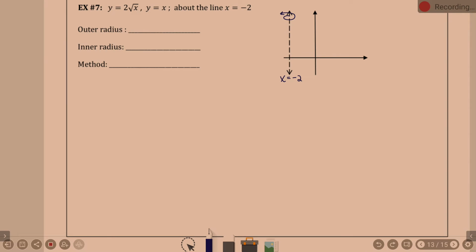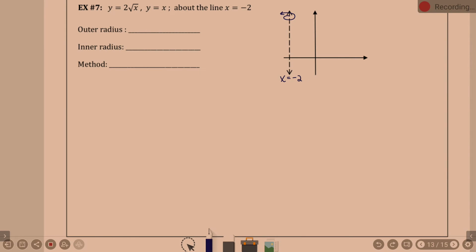Square root of x is the half of a parabola, yes? What's the 2 do to it? Vertically stretches it, so it just means it goes up a little higher. Okay? So in other words, if I'm saying this is the square root of x, then 2 square root of x just does that. Does that make sense? You don't need to draw both. I'm just trying to give you guys an idea.